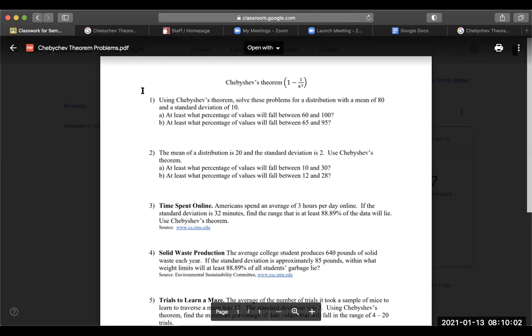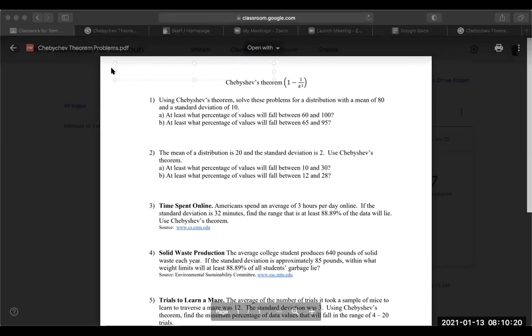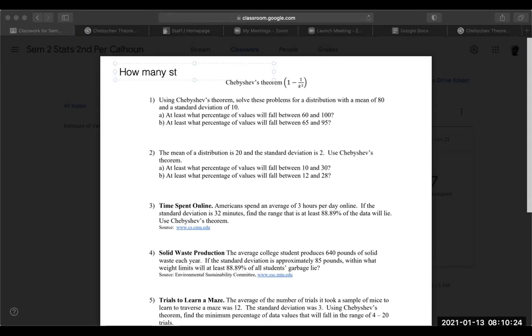At least what percentage of values will fall between 60 and 100? So first thing, how many standard deviations is that?